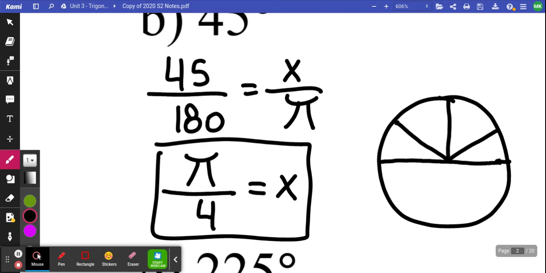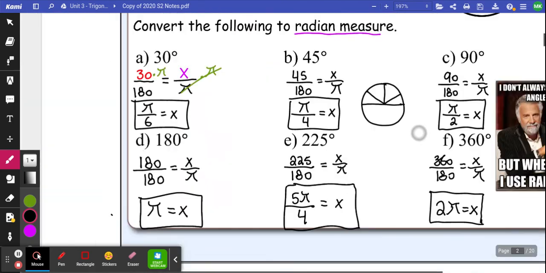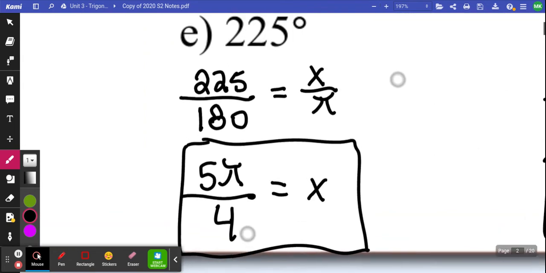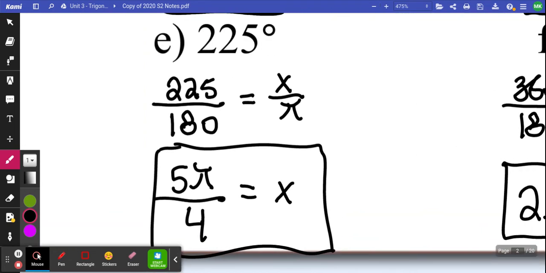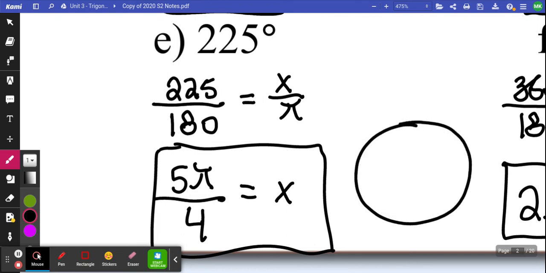That is what we're doing when we're talking about radian measurements on these diagrams. This one means you have 5/4 around the circle. So if you started off with a circle and cut it into fourths, that'd be 1/4, 2/4, 3/4, 4/4, and 5 pi over 4 would be over there.